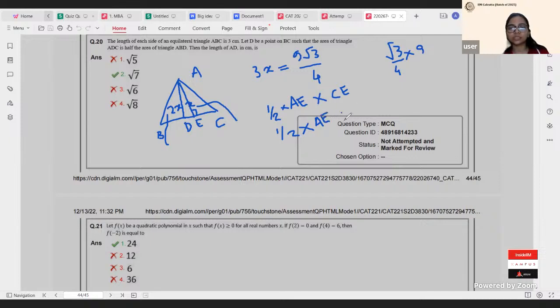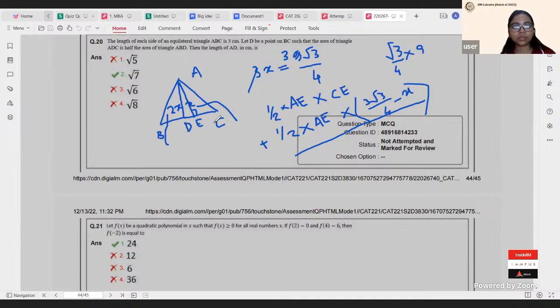That is essentially 3 root 3 by 4 minus x. Right? And we add it, and then we equate it with the total area of the triangle, that is root 3 by 4 x square.